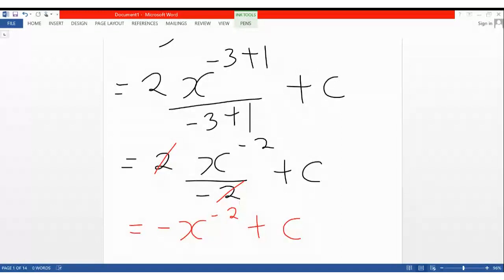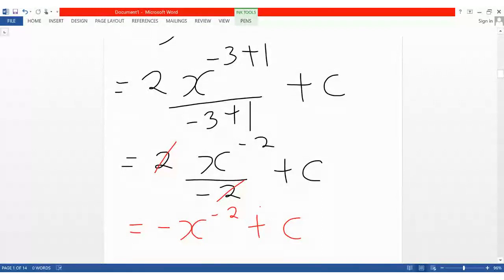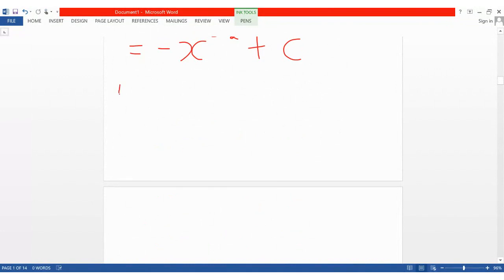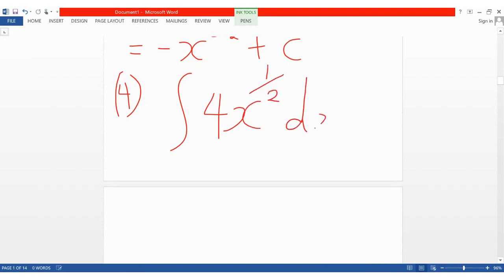So let me continue because we shall need all this next week. Number 4. The integration of 4x raised to power half dx.